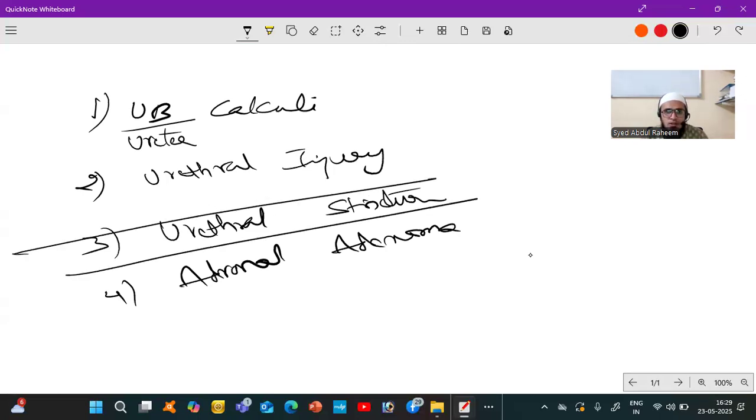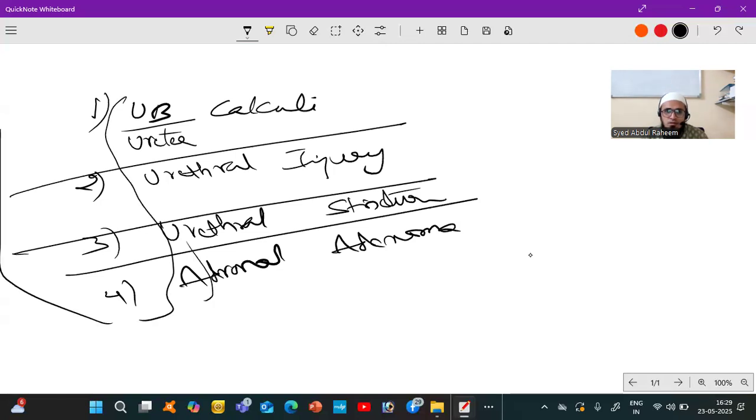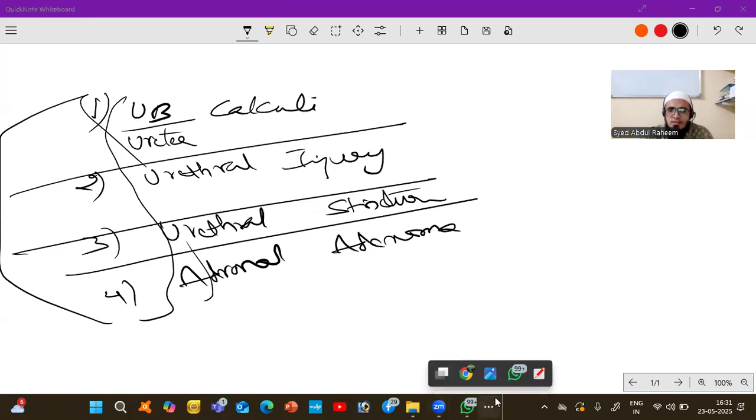Okay, all these we'll discuss. So these are the four common diseases we'll see on a regular basis. So let's discuss that.